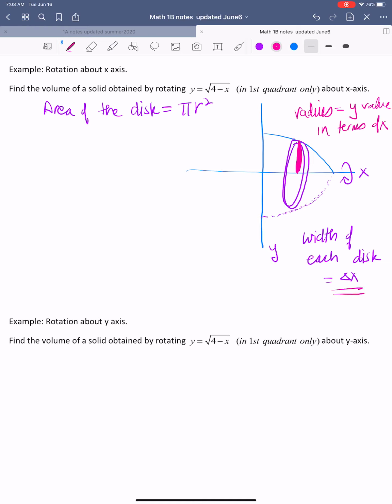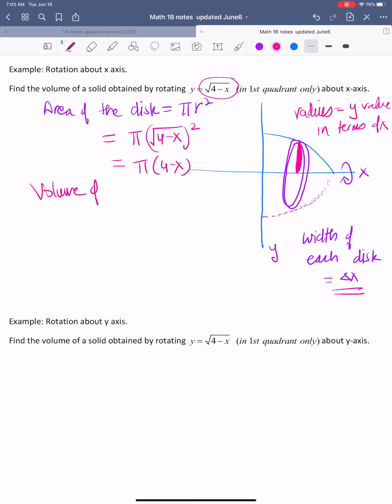The width is delta x, and we want the entire integral in terms of x. So the area is pi r squared. The radius is the y value, which is square root of 4 minus x. We want it in terms of x, so it's 4 minus x squared. So it would be pi times 4 minus x. This is the area of one disc.